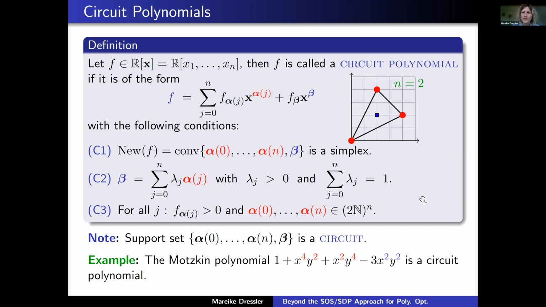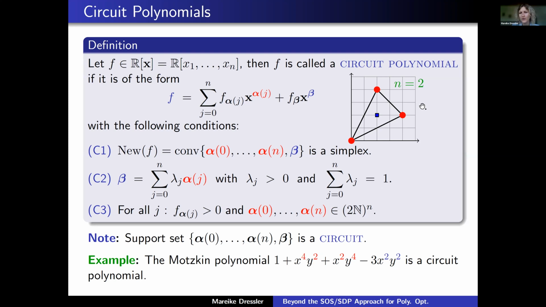To show you that this is a circuit polynomial, I have secretly chosen the support of this polynomial to be this sketch here I drew. So this picture shows you the support of a Motzkin polynomial. To convince you, you can think about the corresponding monomial to be x to the 0, y to the 0. So we have the point (0, 0).